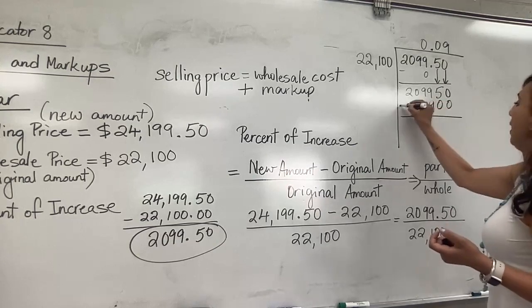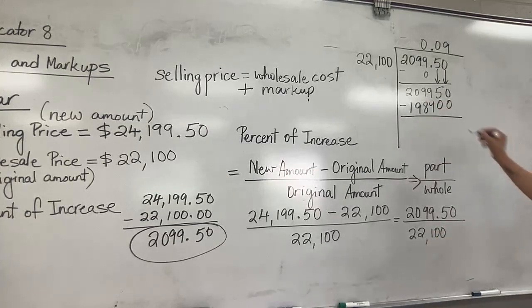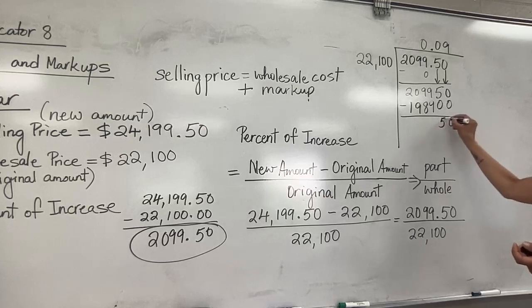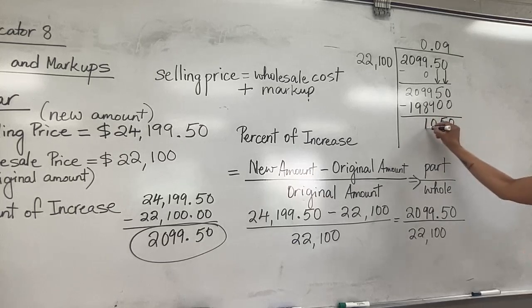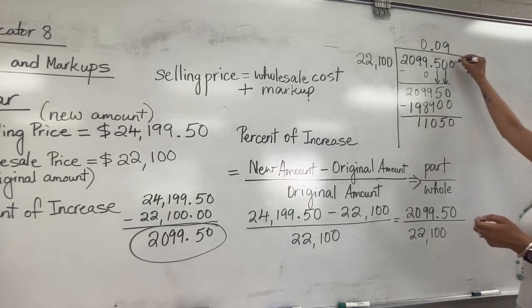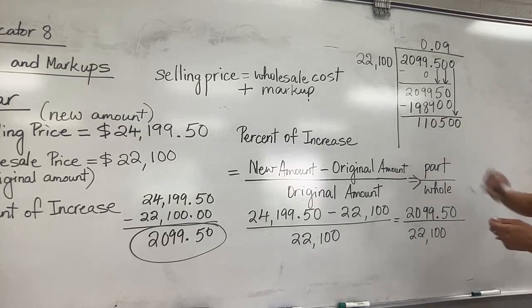And then when I subtract, I get 0, 5, 0, 1. And what is 10 minus 9? Also 1.